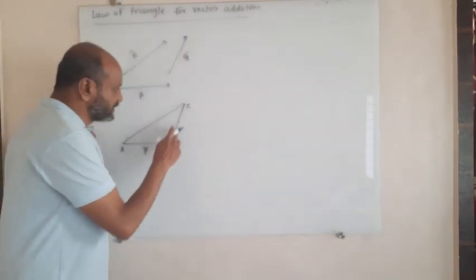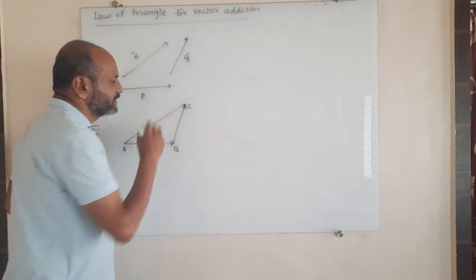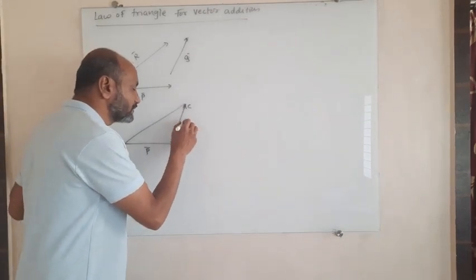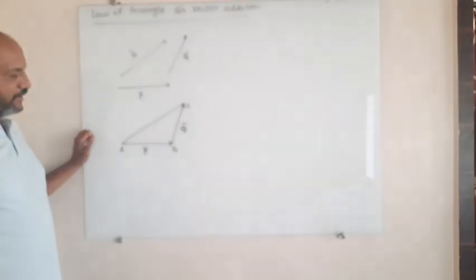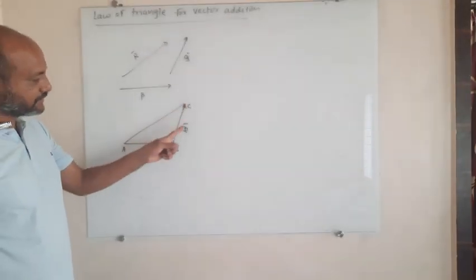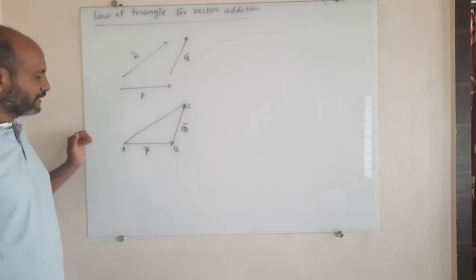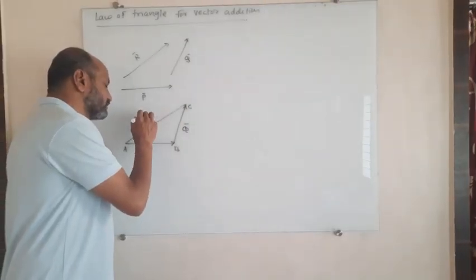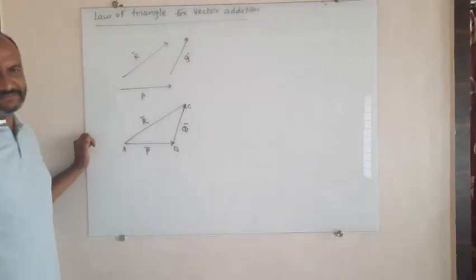and BC represents the magnitude and direction of Q bar, and AC represents the magnitude and direction of the resultant R bar.